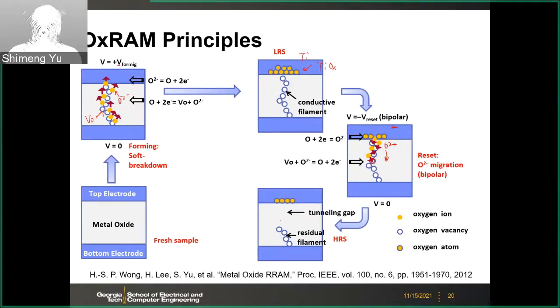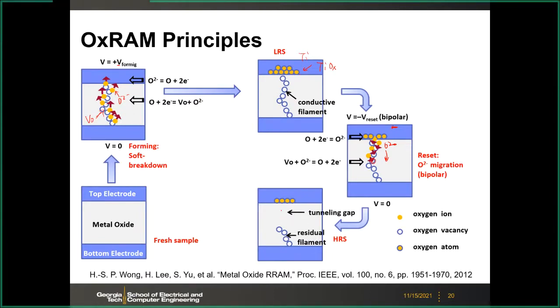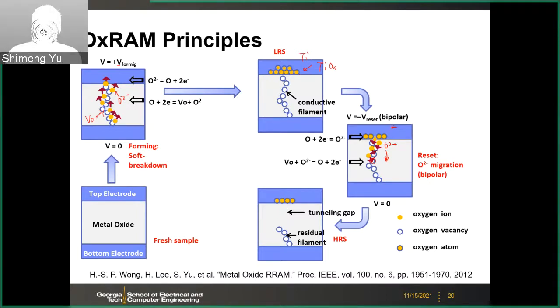But typically, you won't rupture the whole filament. You just need to rupture the interface of the filament, and then you can create this tunneling gap. Now the electrons will see a large gap to tunnel through, and the resistance will become higher.